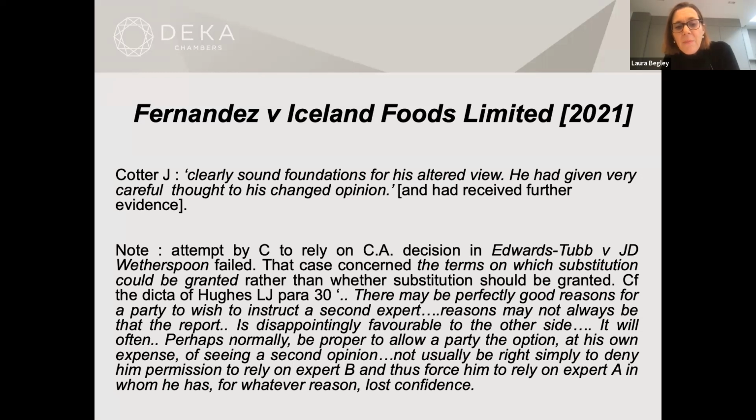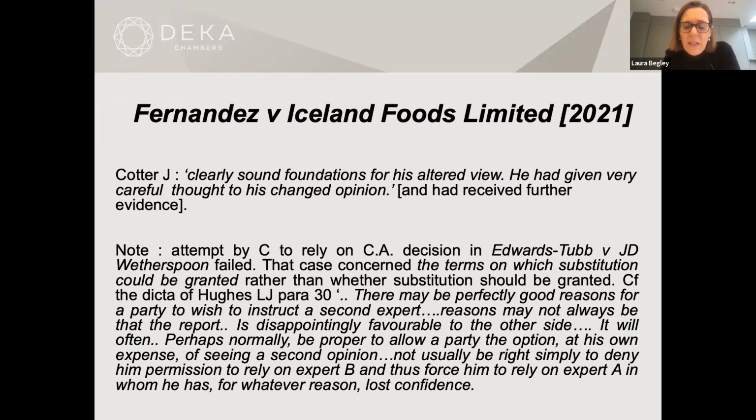It will often, perhaps normally, be proper to allow a party the option at his own expense of seeing an opinion. It's not usually right to simply deny him permission to rely on expert B and force him to rely on expert A, in whom he has, for whatever reason, lost confidence. So when you read that dicta from that case, you think, well, hang on a minute, that's a much more relaxed test than the test we've just been looking at.